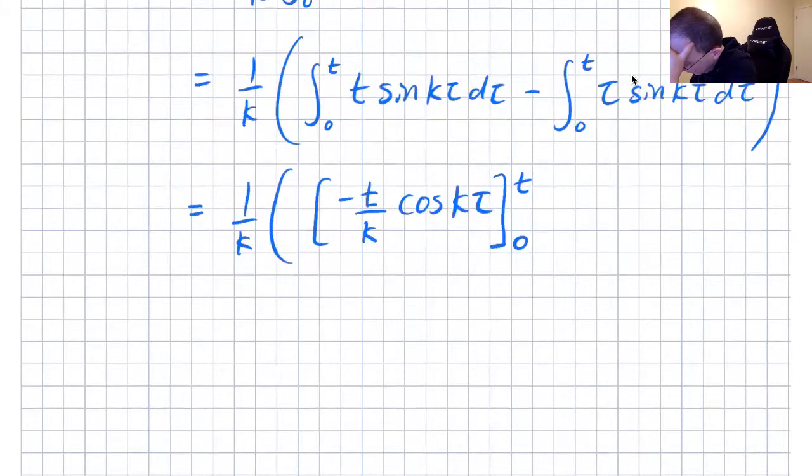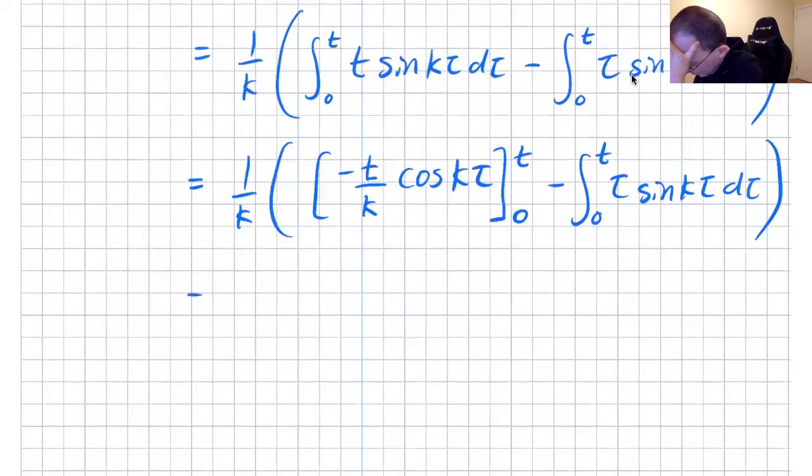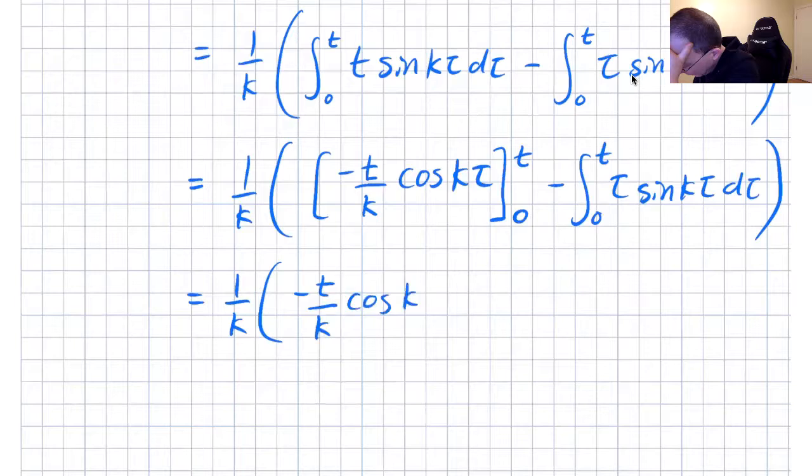And then we have this other integral, which maybe we'll just leave like this for now, and then we'll do the integration by parts after we've simplified this first term. So this first term is going to become negative t over k cosine kt, minus, which becomes a plus, t over k times cosine 0, which is 1.